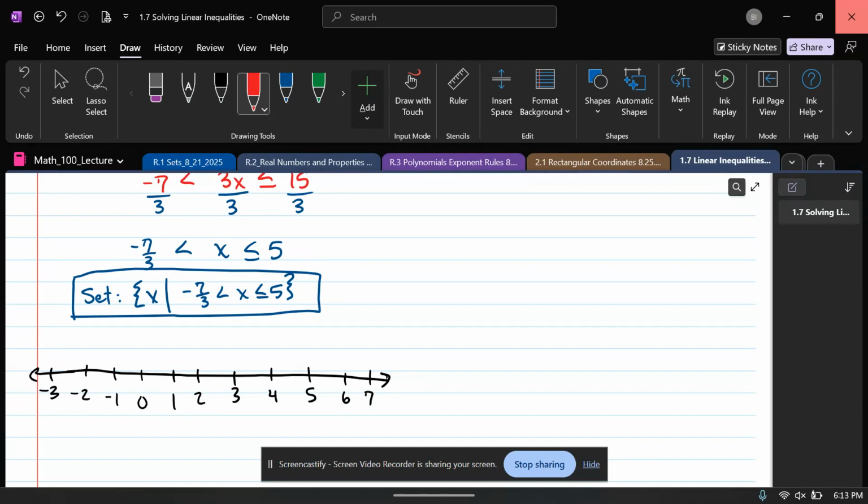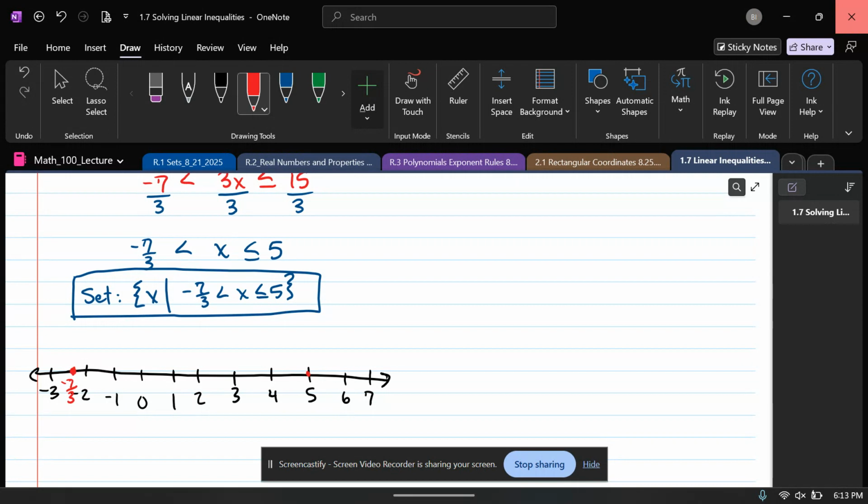And then I'm going to mark where -7/3 would be on the number line. -7/3 would be -2 and 1/3. So that's going to be -2 and 1/3 is about right there. That's the -7/3. Up here at 5, that's where that's at.